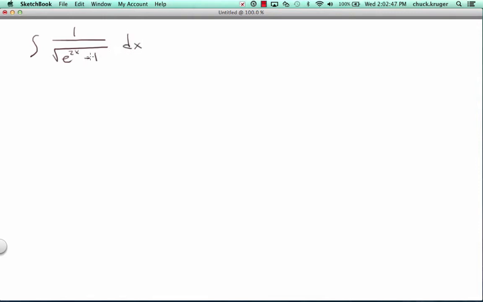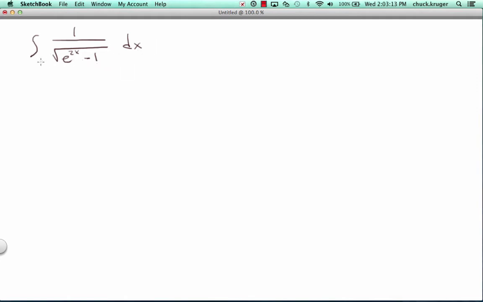Now this one looks pretty tricky. Again, you can see that if I reverse the power rule, I have a half here, but the derivative of e to the 2x is 2e to the 2x, and that's not what I have up here in the numerator. So I'm looking at my choices of either arcsine or arcsecant, and it looks most like arcsecant because I have the function minus the constant.